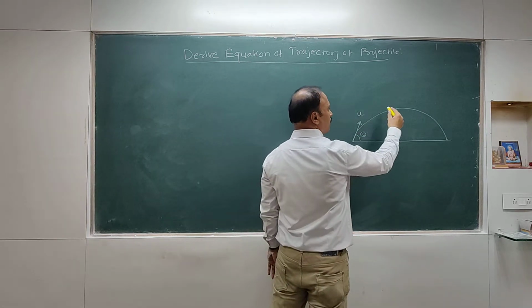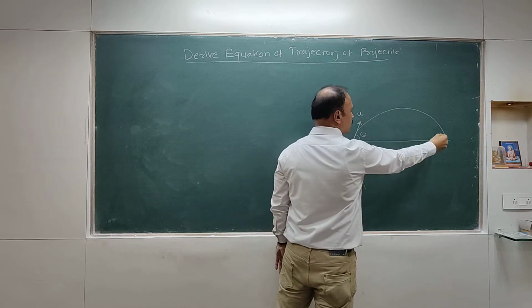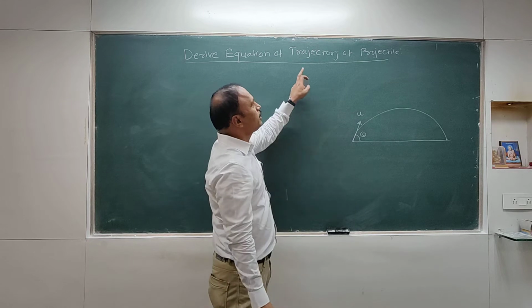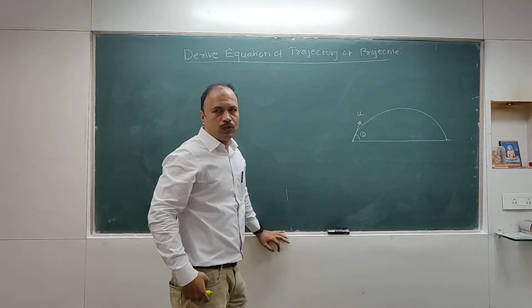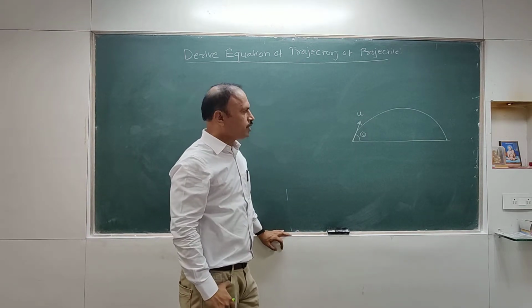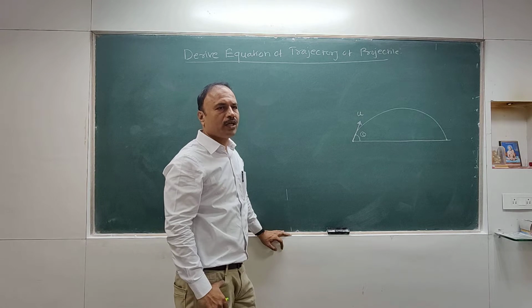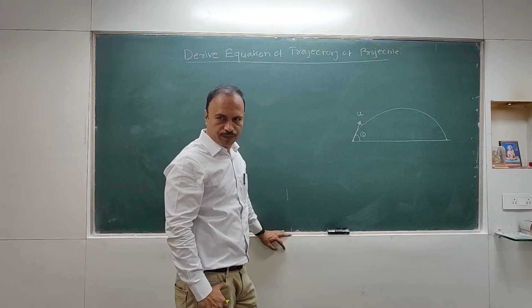So this path, this curve, is nothing but the trajectory. So trajectory is simply a path along which a projectile travels and returns to ground. Okay?